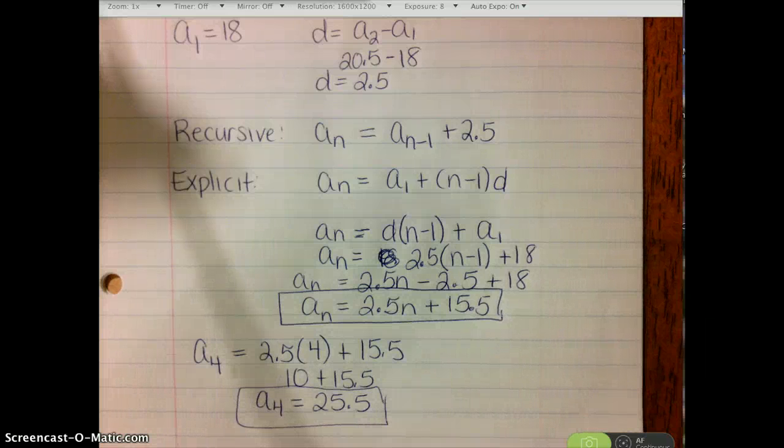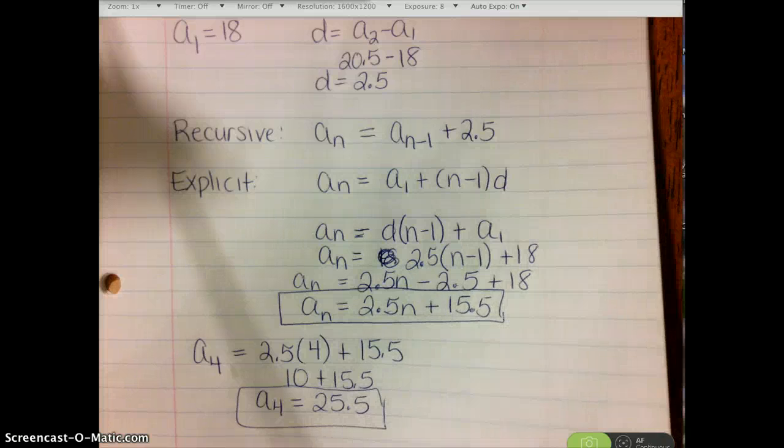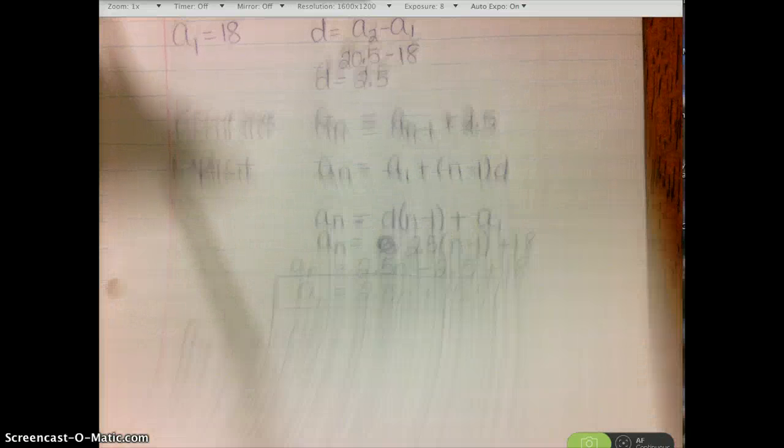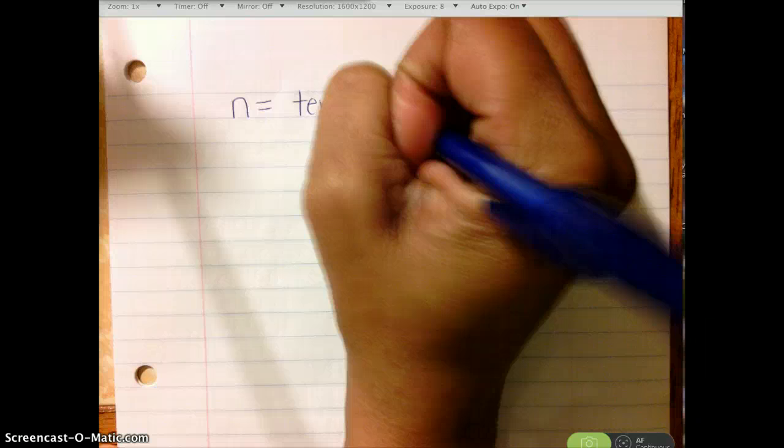Now, let's do a quick review of all the different notations. We know that n is equal to the term number.